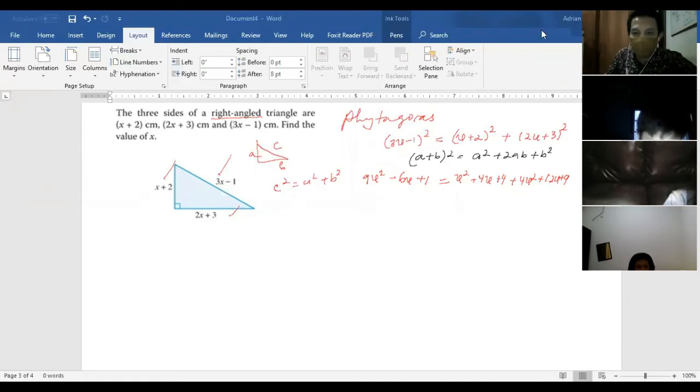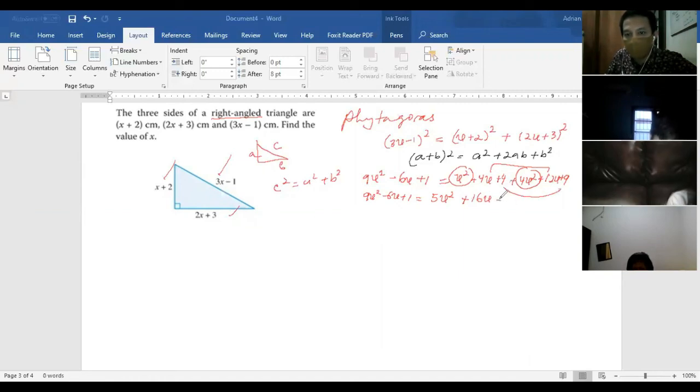So yes, next, go. So 9x squared minus 6x plus 1 equals, what is here? x squared and 4x squared. It will be 5x squared, right? 4x, 12x. So it will be 16x, right? And 4 plus 9, we'll find 13.